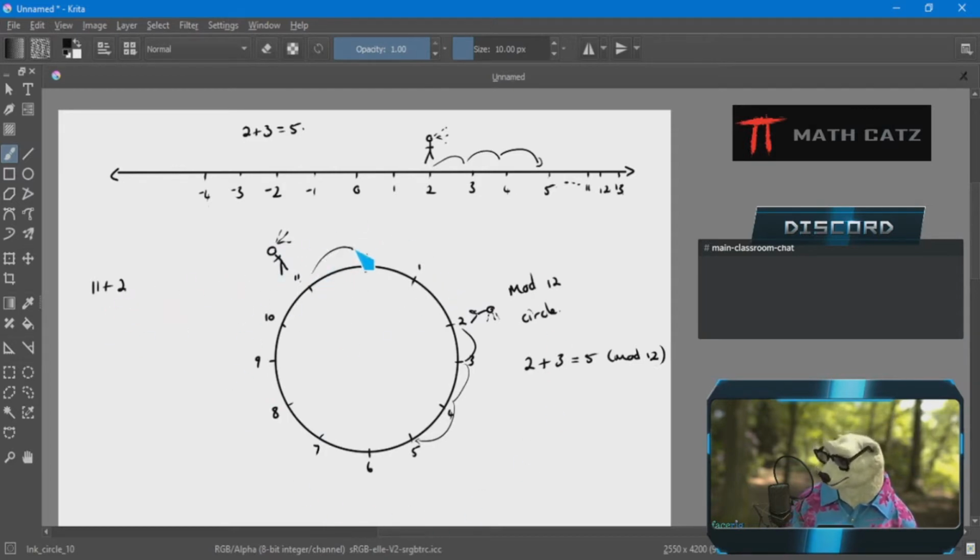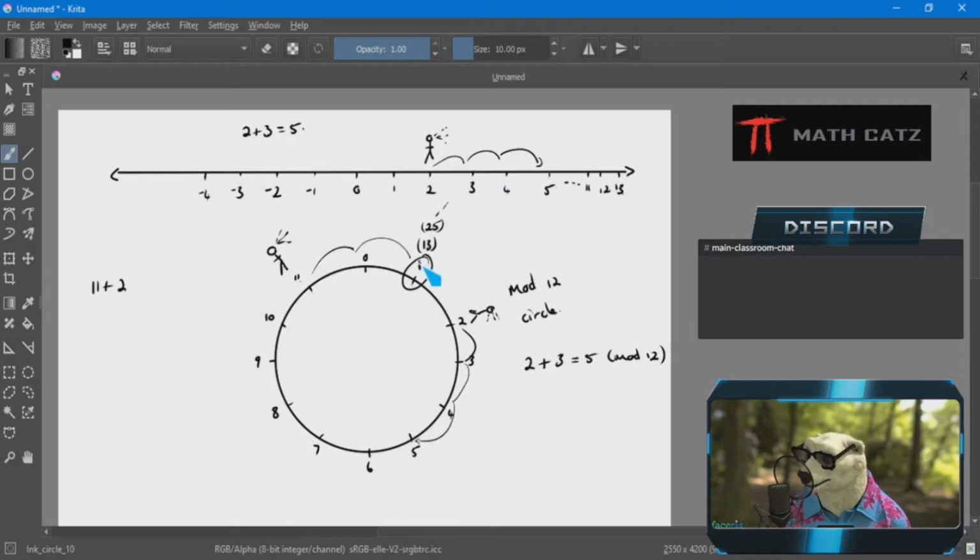Take 2 steps. I now sort of looped back on myself and I'm back at 1. So even though the number line is wrapped around itself over and over on the circle, behind 1 there is a bunch of numbers. There is 13, there is 25, and so on, infinitely many. It just wraps around the circle.